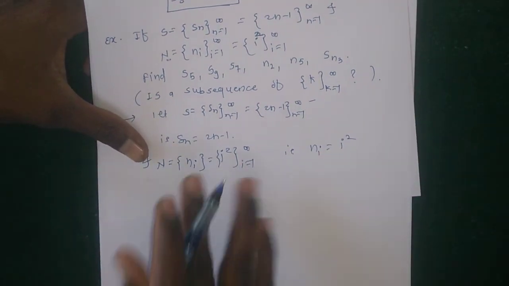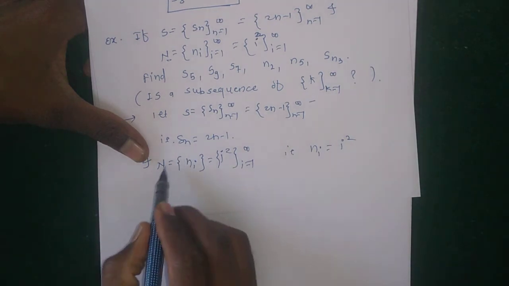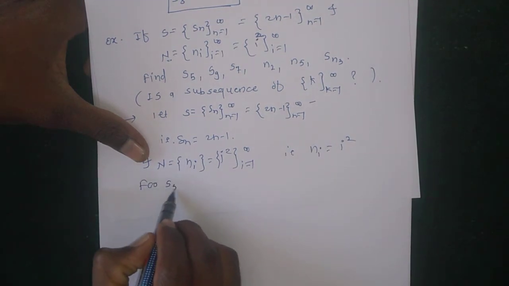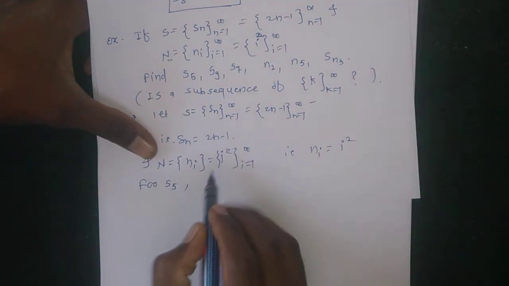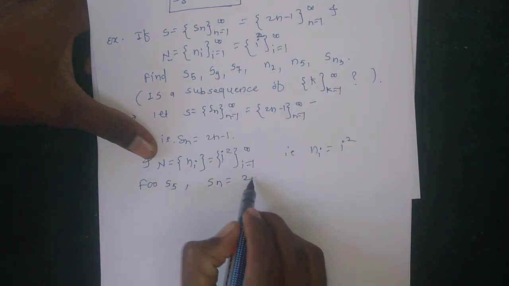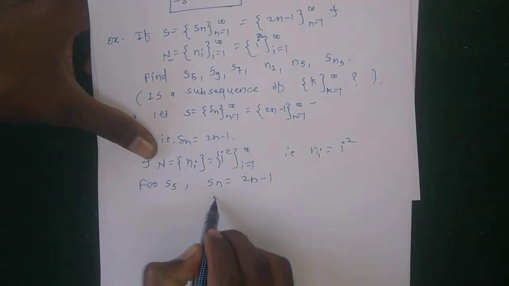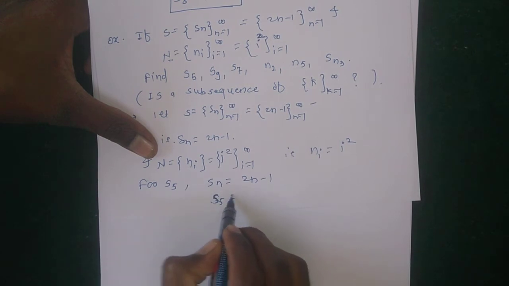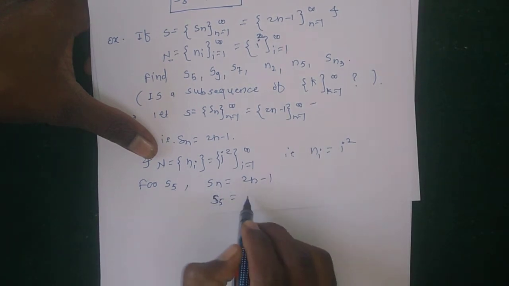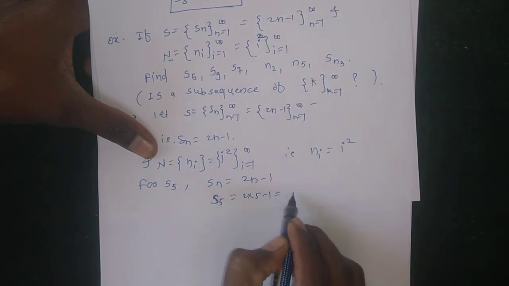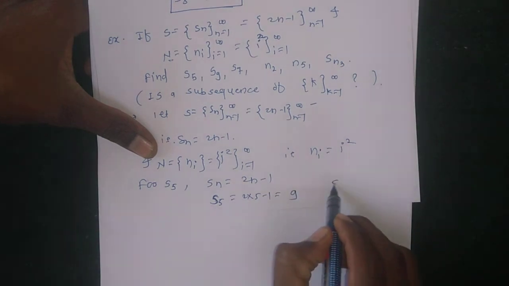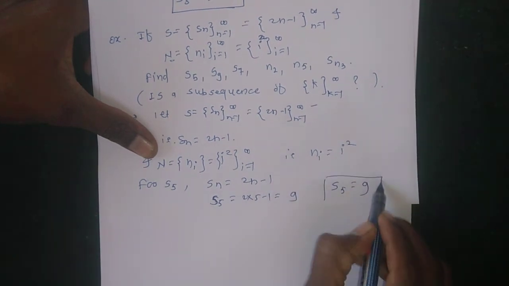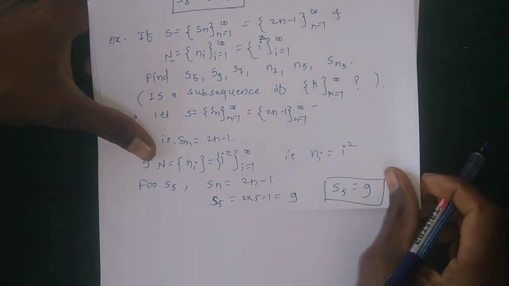To find S5, Sn is equal to 2n minus 1, then S5, putting n equal to 5, is 2 into 5 minus 1, which is equal to 9. So S5, the fifth element of the given sequence S, is 9.